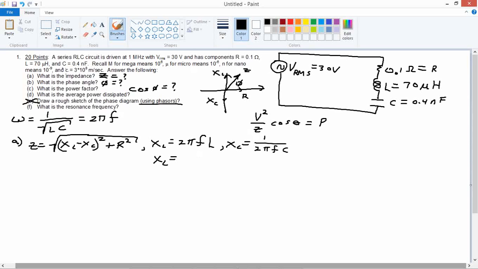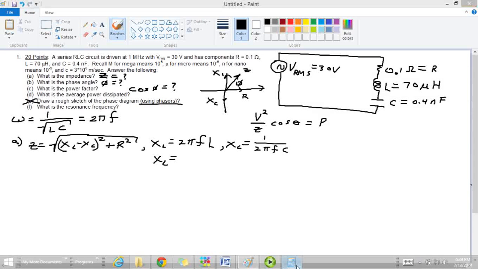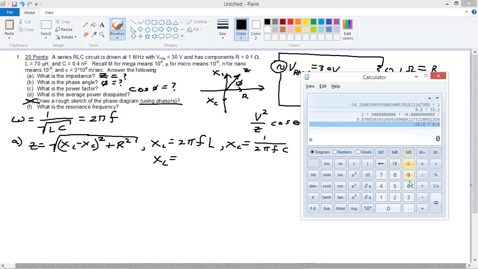L is 70 microhenries, so let's go to our calculator. 70 times 10 to the negative 6 times 2 times pi times 10 to the 6th. That's our frequency. Equals. So 440 ohms.